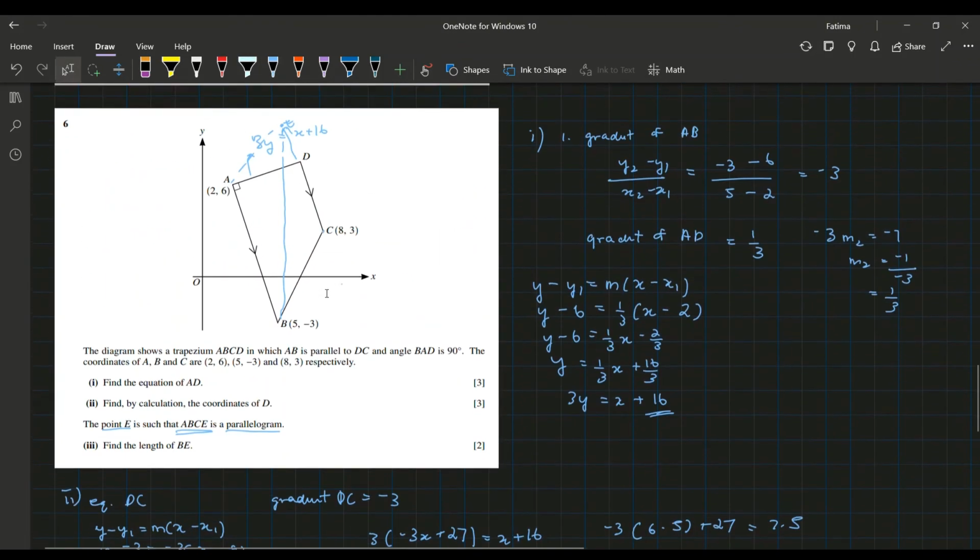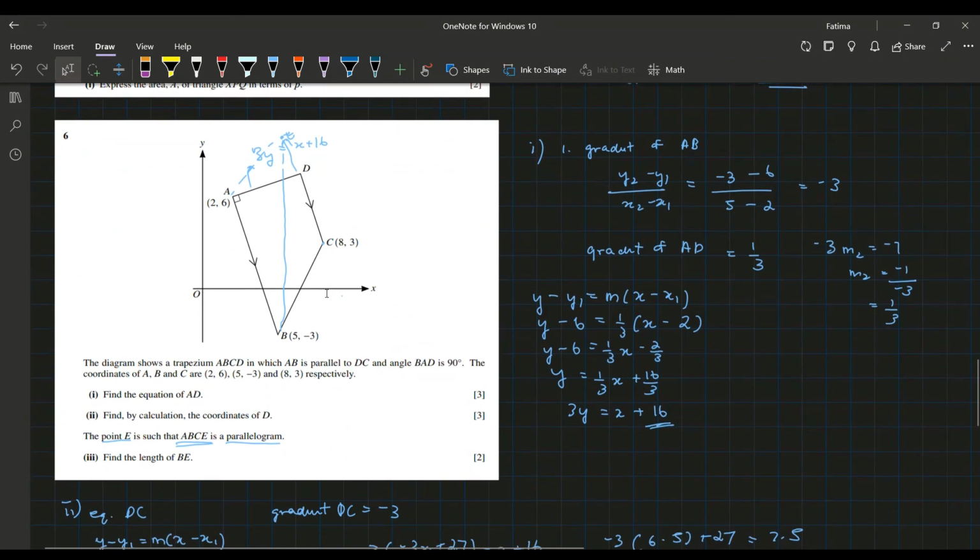Now for the equation of CE, we already have the gradient, which is negative 3. It's the same gradient because essentially it's following along the same slope, point E, I mean.